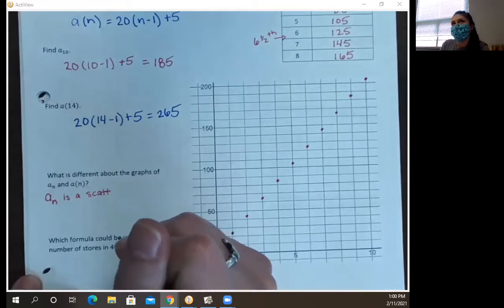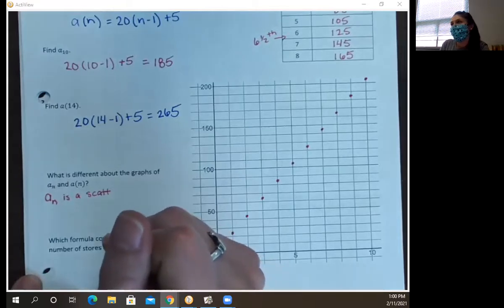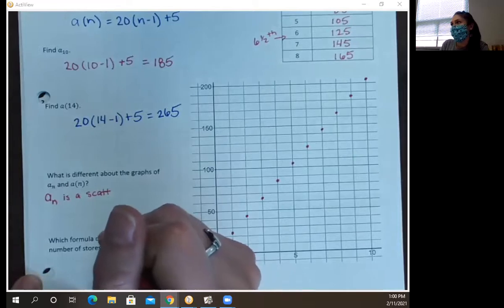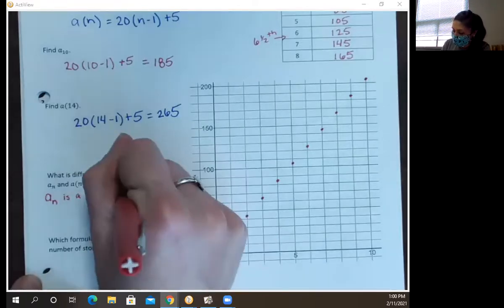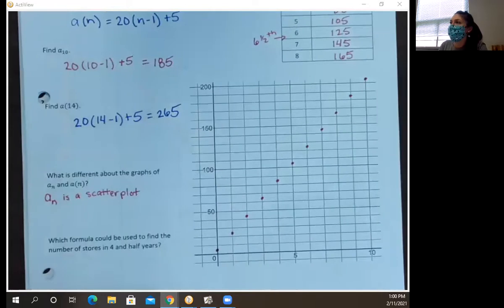What's this called? You guys know this. There we go, scatter plot. This is a scatter plot.